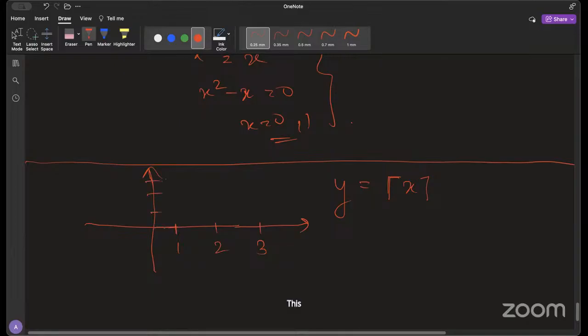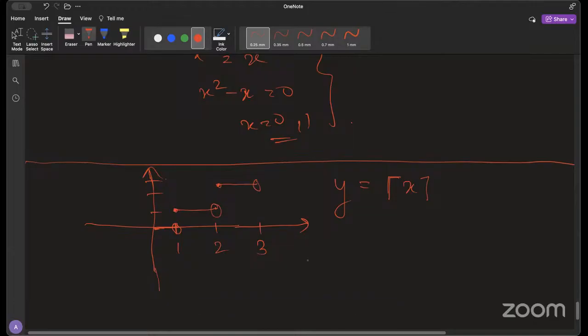So this is it. And at 0, it's 0. This point is not included. It's included here. And then this point is again not included, included on the next step. Here, this one's included. Yes, so what was your question?